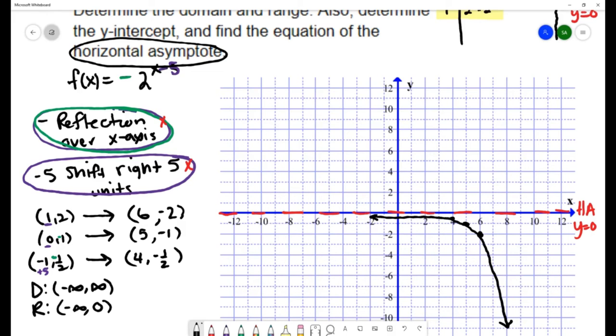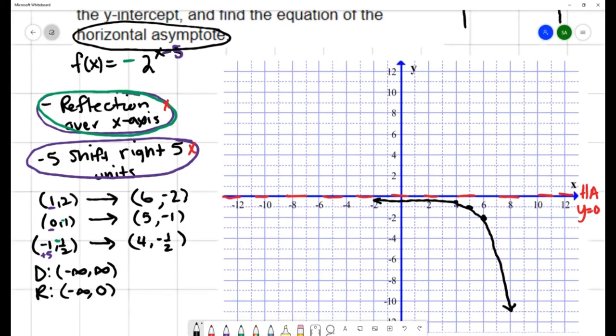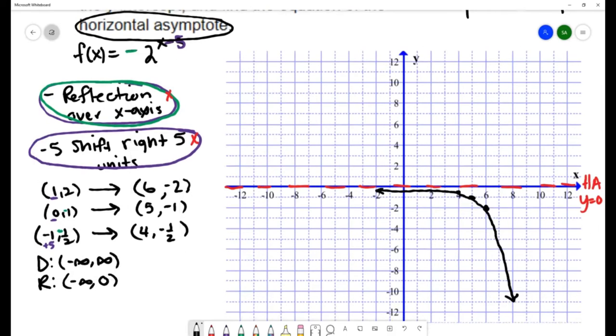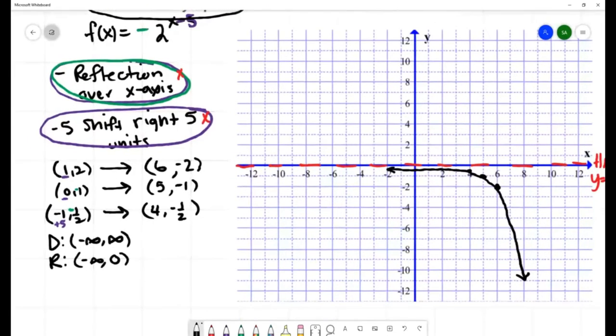The final thing that we need to know here is our y-intercept, and we're going to calculate that by hand. We find a y-intercept by letting x equal 0. In our function, that's substituting a 0 in for x, we get negative 2 to the 0 minus 5, that's negative 2 to the negative 5.